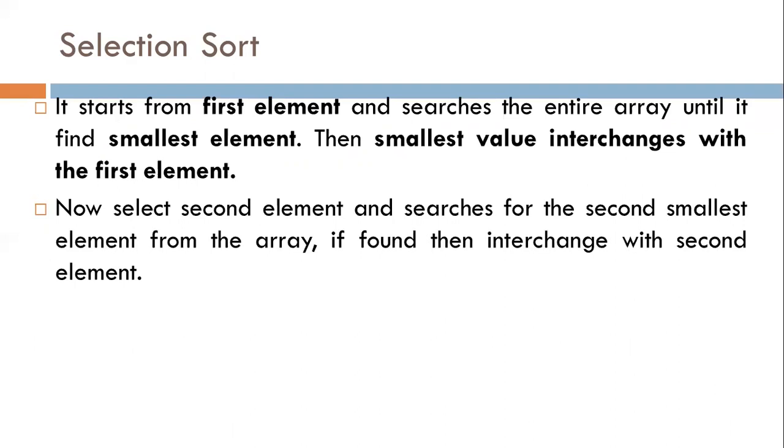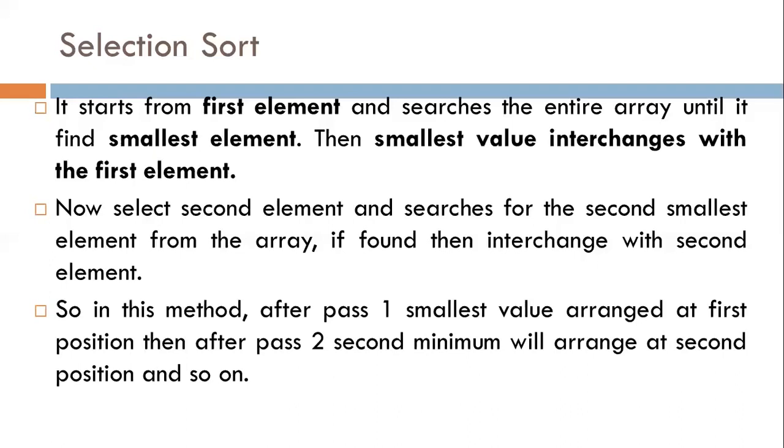So after the completion of step number 1 or pass number 1, we have the smallest value as the first element. Now in the second step or second pass, we select the second element and search for the second smallest element from the array. If found, then interchange or swap it with the second element.